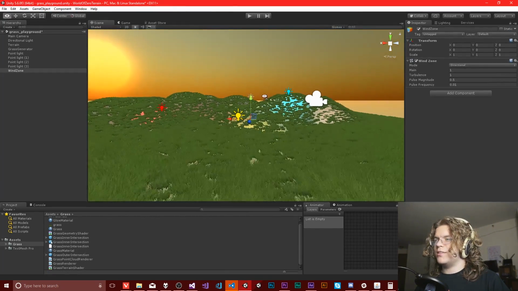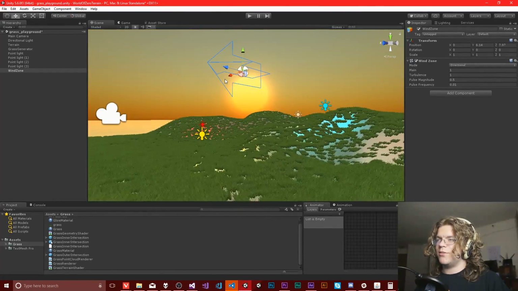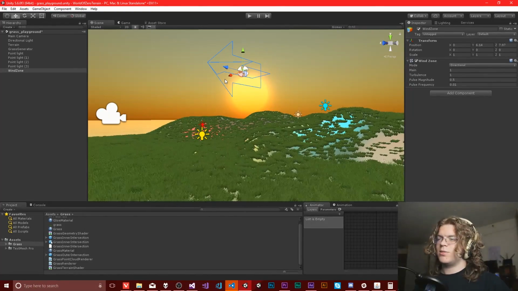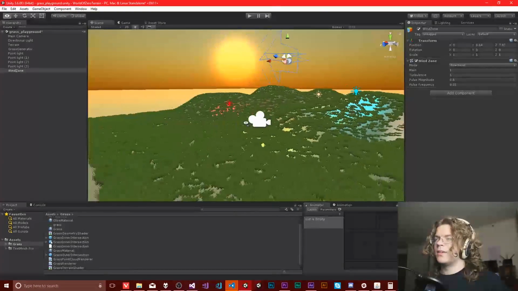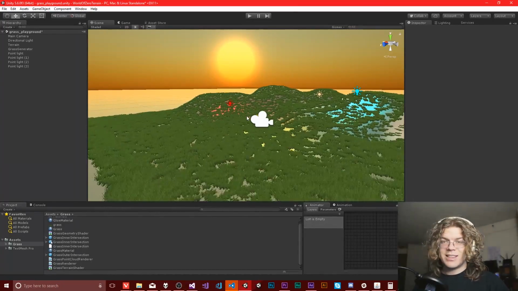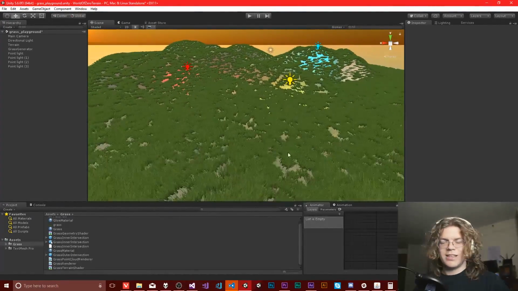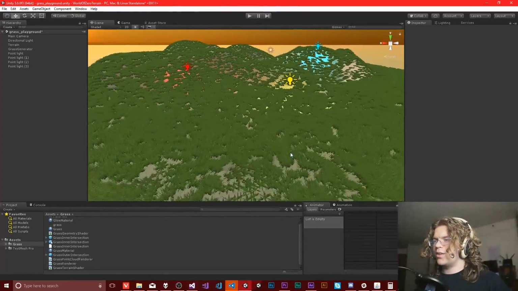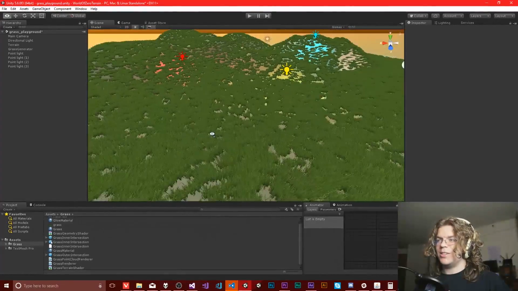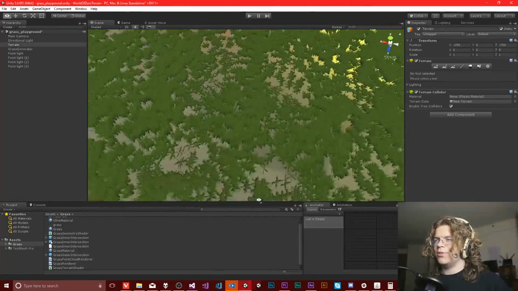So I can do a wind zone and area wind zones and whatever. And this will actually affect your speed trees and things like that. But there doesn't seem to be a way to actually get that in your shaders. So we're kind of stuck with our implementation, which, I don't know, this looks kind of cool.